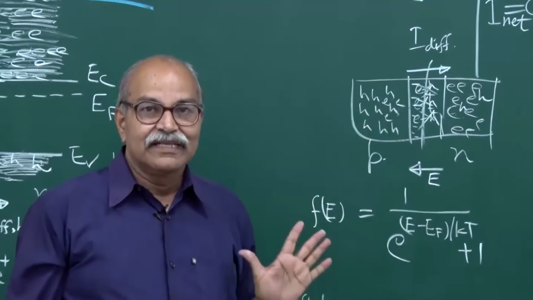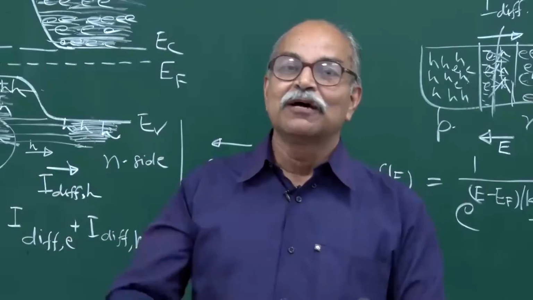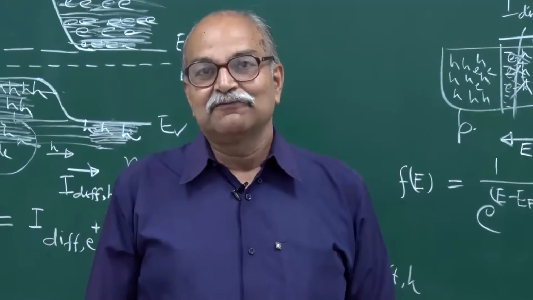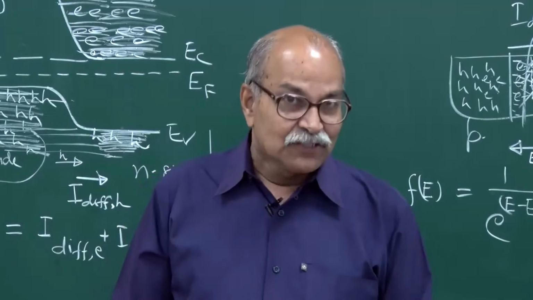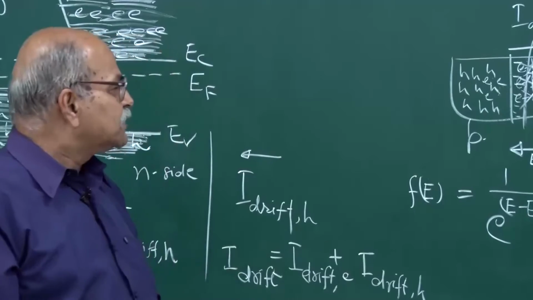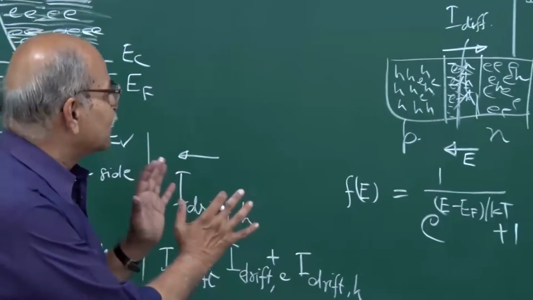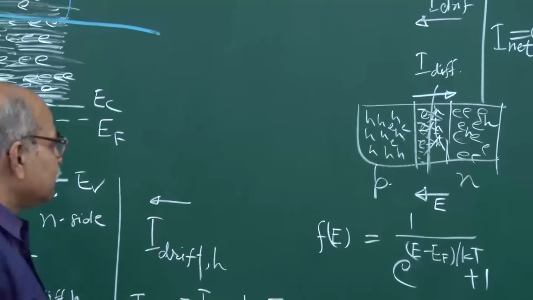Next, the next task is to connect this p-n junction to some kind of external circuit. After all, this is made to make use of. So let us make a very simple circuit diagram here.